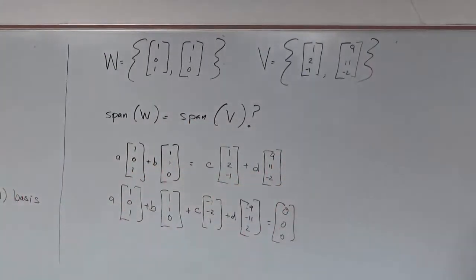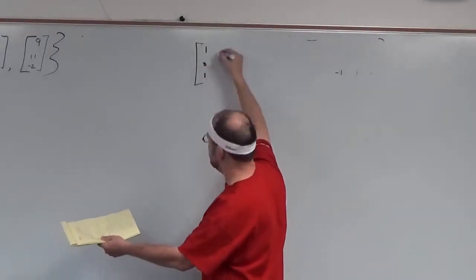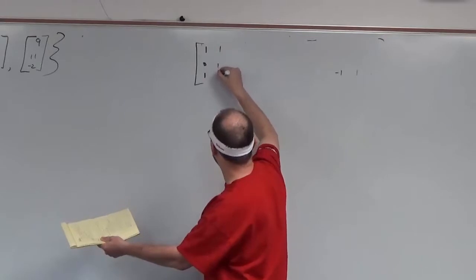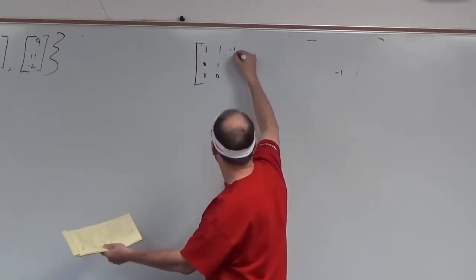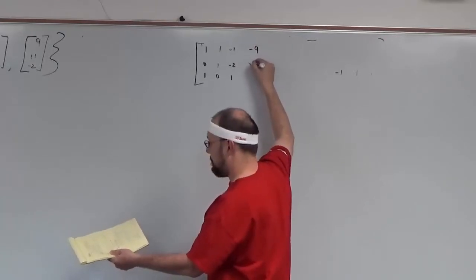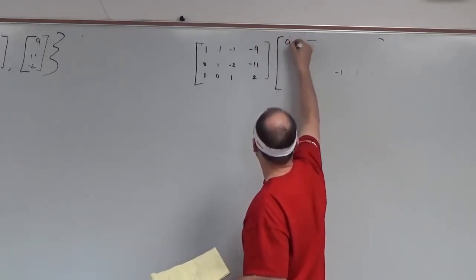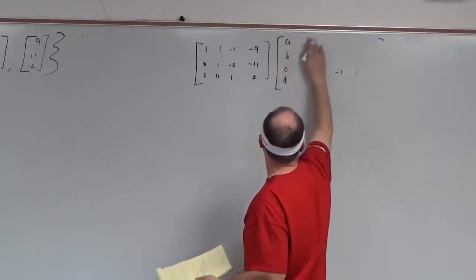And we can see whether there are solutions for A, B, C, and D. We do that by creating this matrix equation, where the vectors become columns. And then you have your coefficients, A, B, C, D.